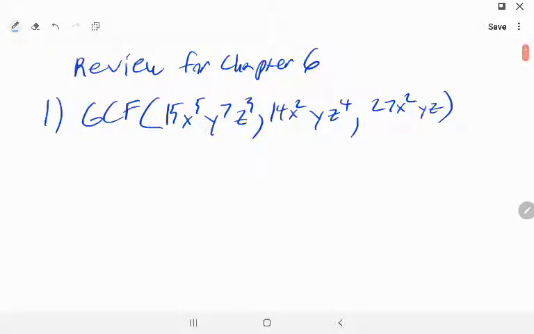We notice that the coefficients don't have any common factor other than 1.